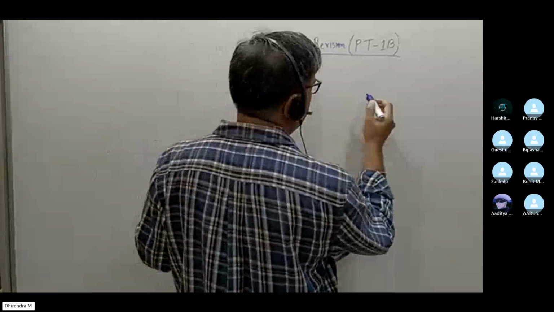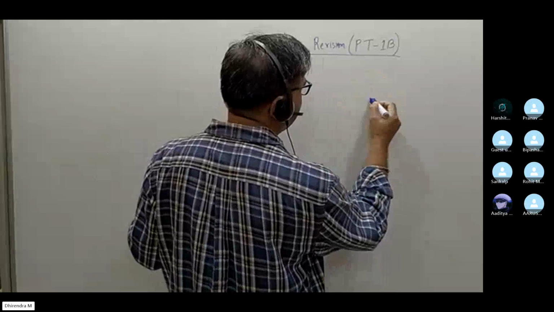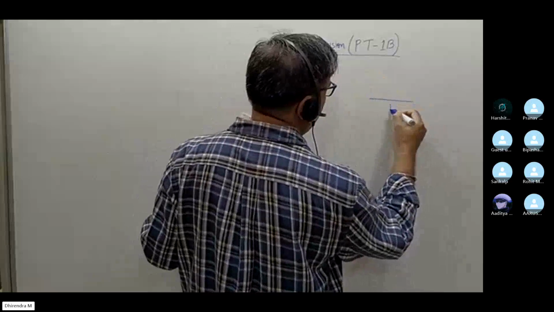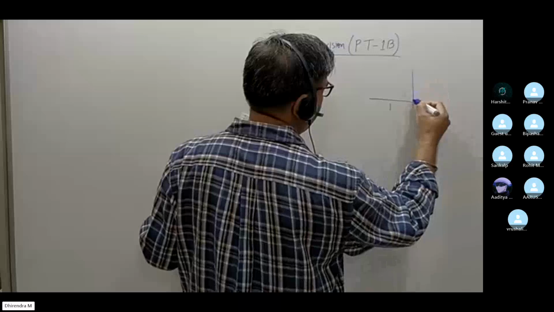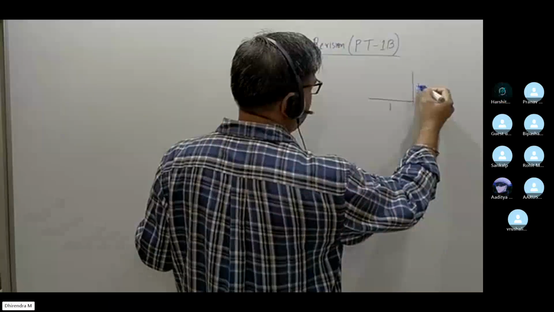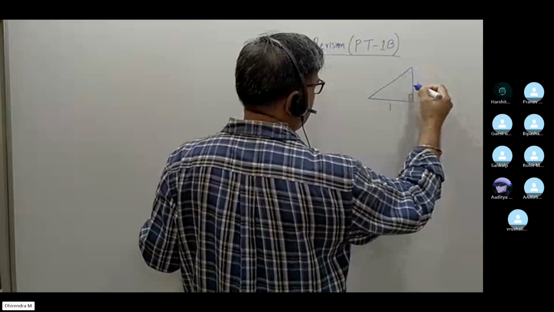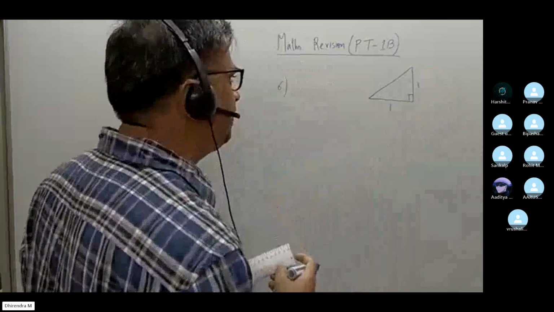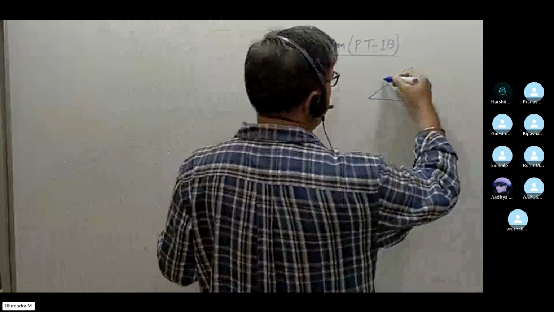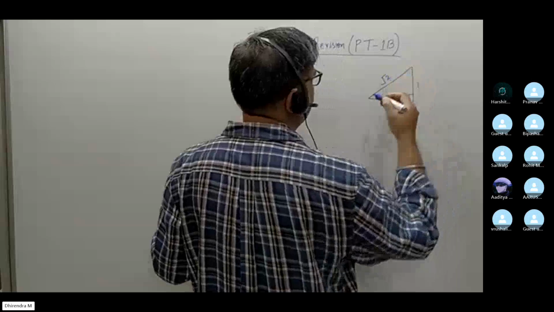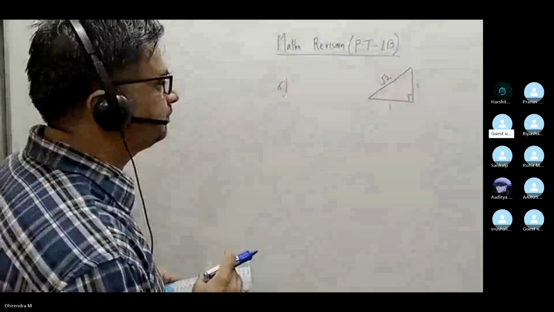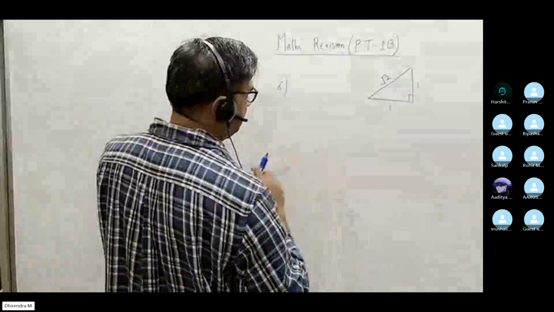The underlying principle here is, if you make a right triangle of sides 1 and 1, can you tell me how much the hypotenuse will come to? It will come to root 2. Is that something that you're all comfortable with? Yes, sir. So I'll do it here.